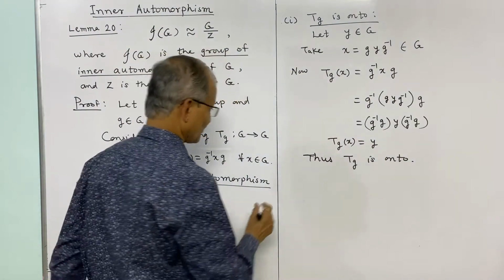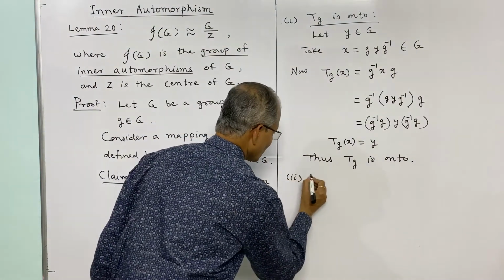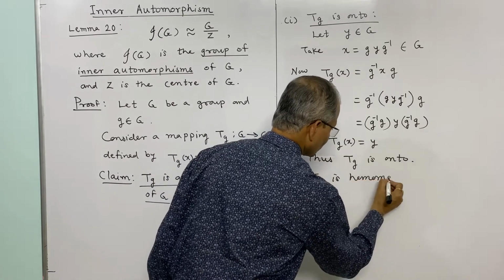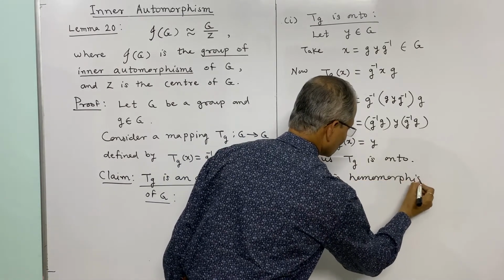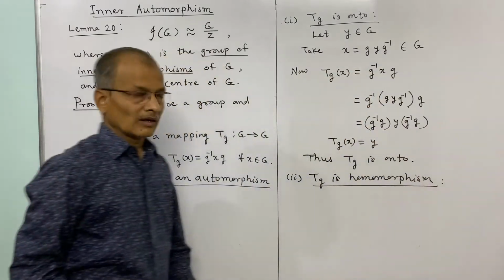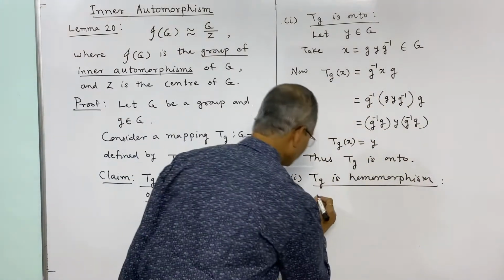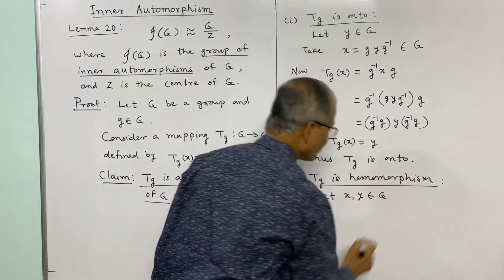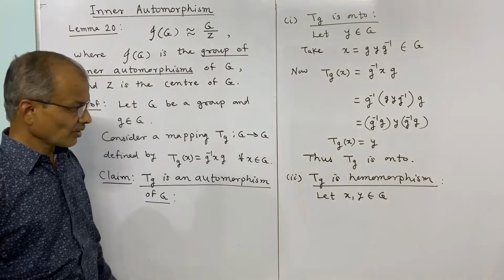Now secondly, we may consider further Tg is 1-1, or first we will show it is a homomorphism. Second, Tg is a homomorphism. Let x, y belong to G. We shall prove the multiplicative property of homomorphism, or structure preserving property.